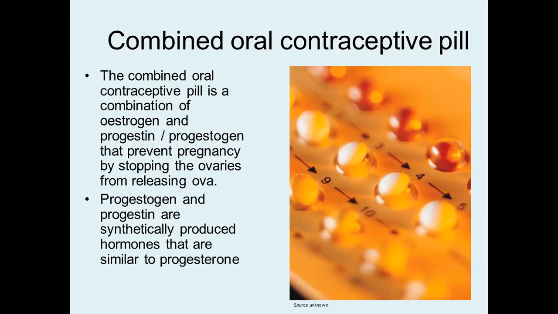And it prevents pregnancy mainly by stopping the ovaries from releasing ova. And then progestogen or progestin are synthetically produced hormones that are similar to progesterone. In other words, they're made artificially in a lab.